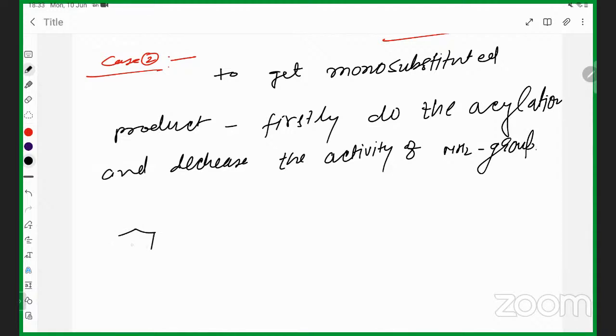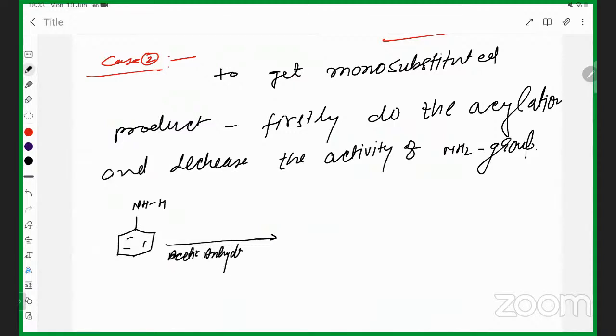So here you see, this is the NH2, and we are writing NH2 a little bit differently: N, H, and H. We are doing the acylation with acetic anhydride.